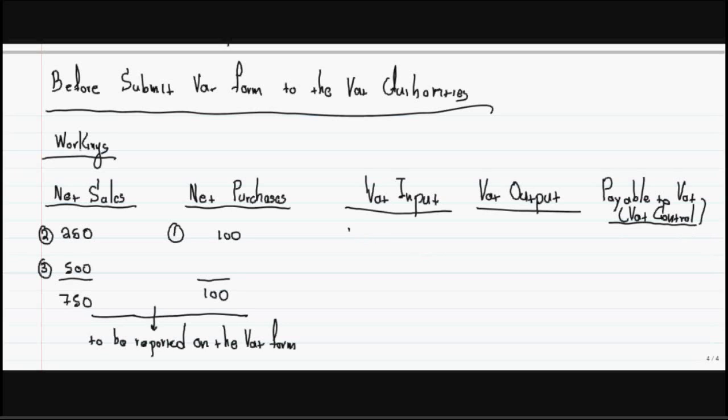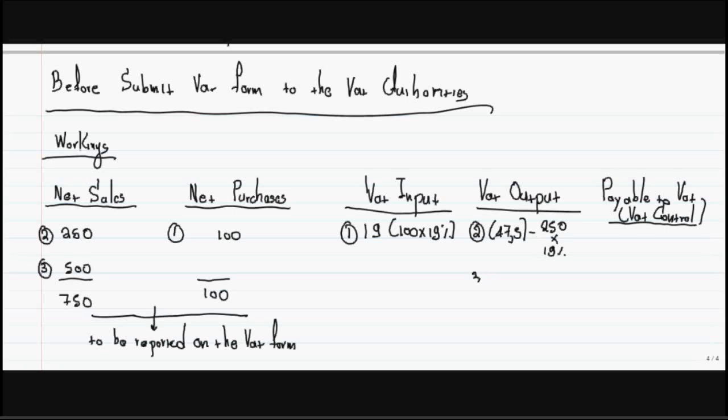So the VAT input refundable is 19 euros because we purchased 100 multiplied by 90%. And at the same time we need to pay VAT. We sold this item, so the VAT we need to pay is 47.5 euros because we sold it for 250 euros multiplied by 90%.